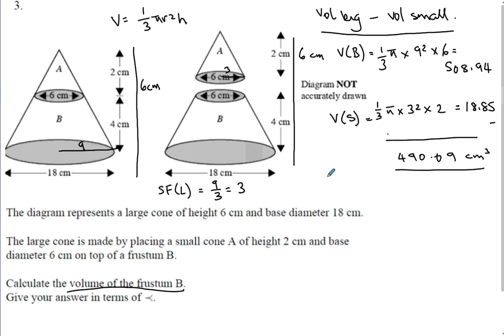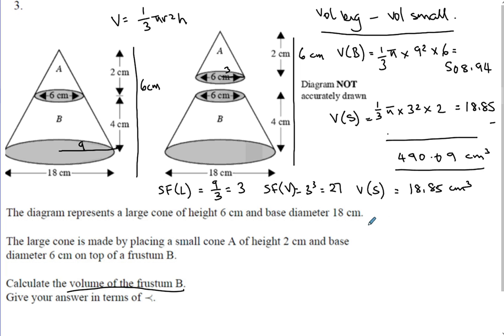Now, because we're doing this topic of scale factor, length, area, volume, let's just check something. If the volume of the small is 18.85 centimeters cubed, then you can tell the scale factor of your volume will be 3 cubed, which is 27.